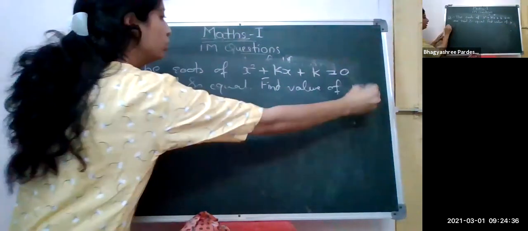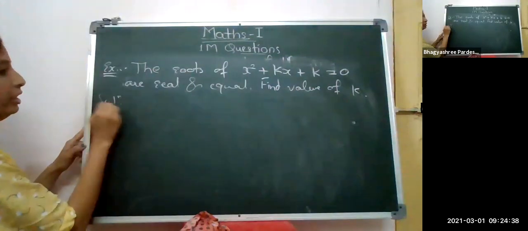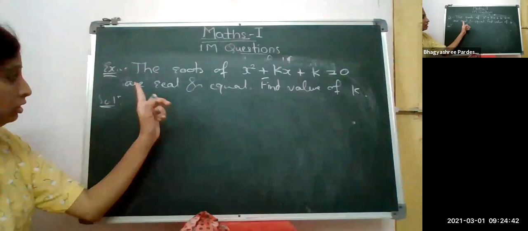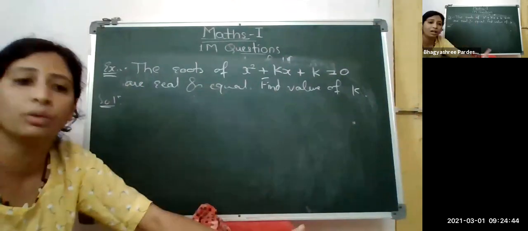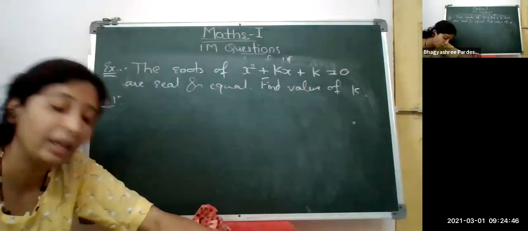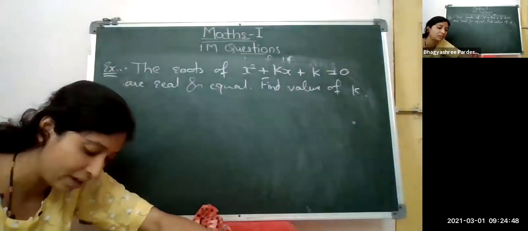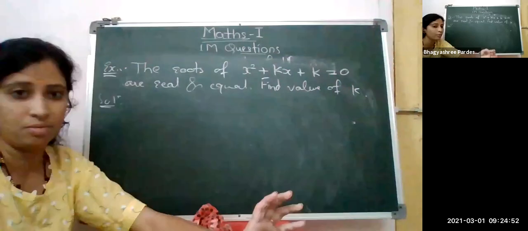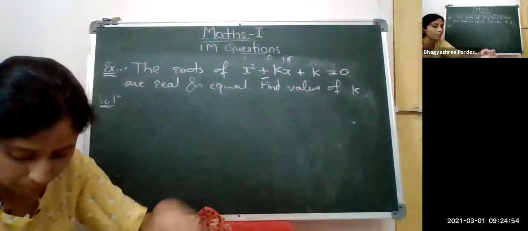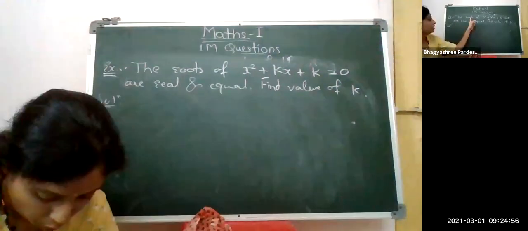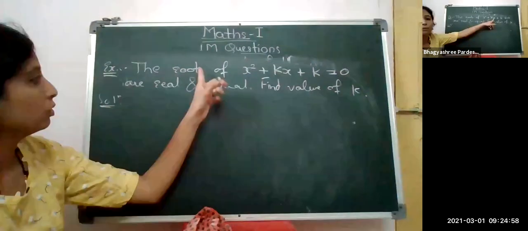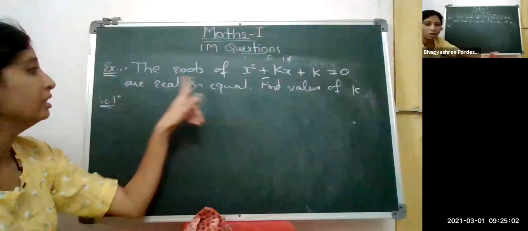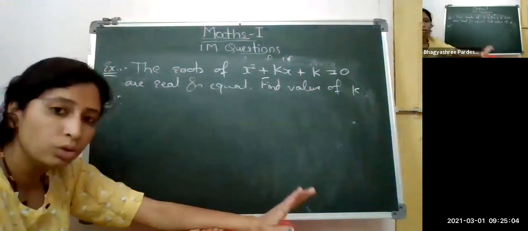We have to find the roots of this quadratic equation if the roots are real and equal. Again, you know very well that we have seen that discriminant is one of the very important questions that can be asked here. So this question is based on that only. So here we have given that the roots of this quadratic equation are real and equal. So using that, we have to find the value of k.